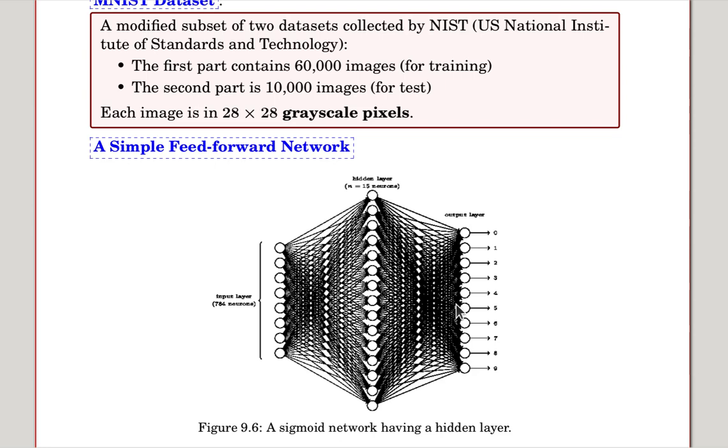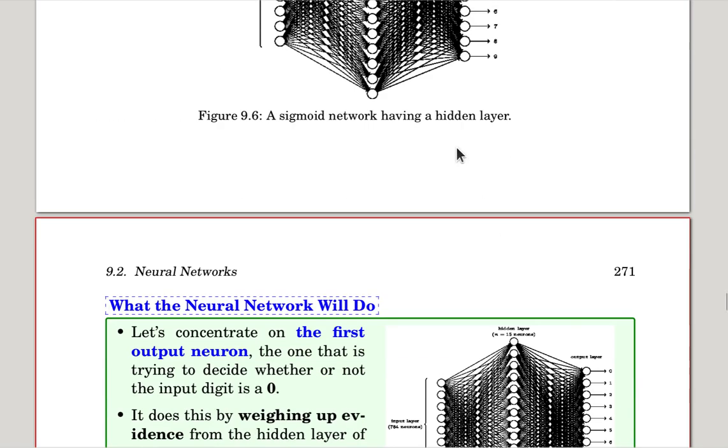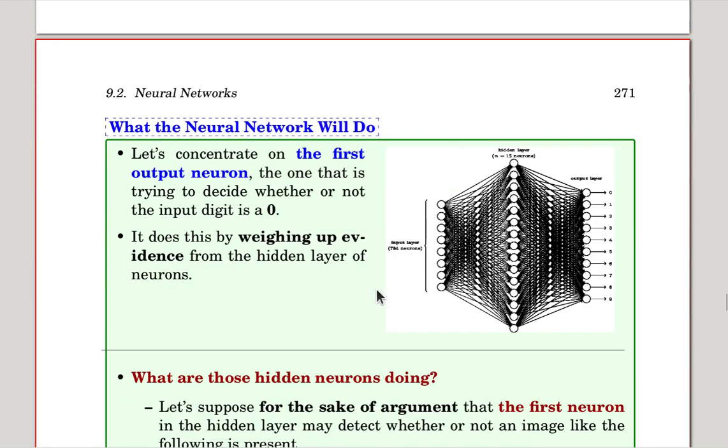So we'll try to understand why it is working well and what the neural network will do. Here, to make it simple, we'll concentrate on the first output neuron, that one, which is trying to decide whether the input digit is 0 or not.